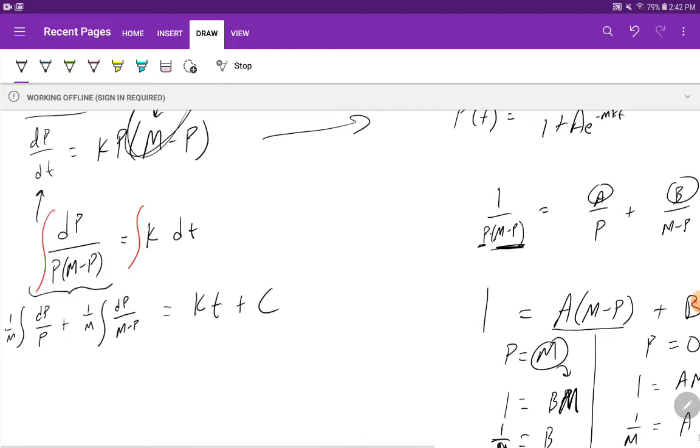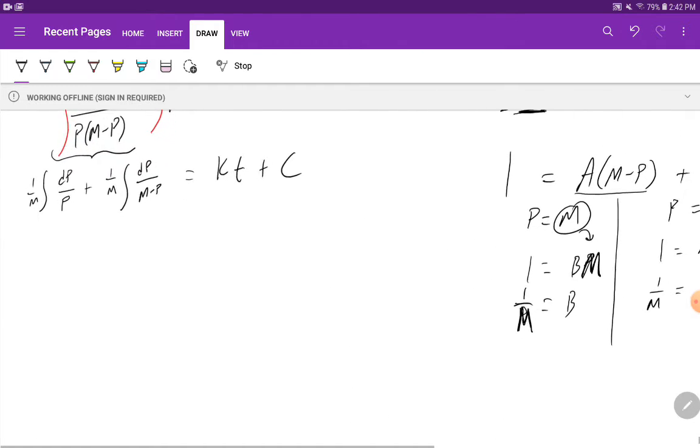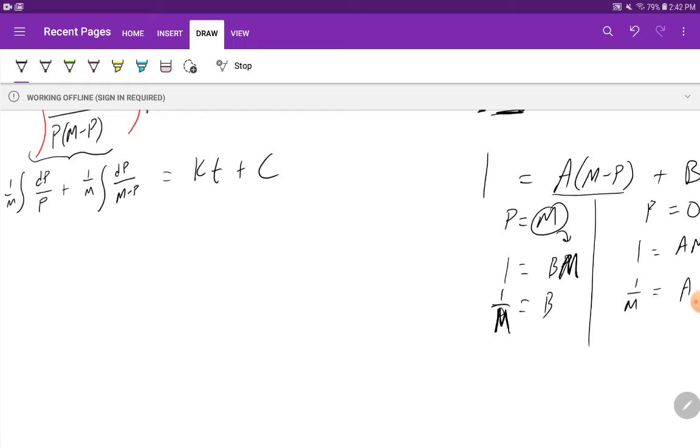I pulled the 1 over m's out of the integral, and now we have something we can integrate in terms of p. This first piece looks like 1 over m ln of the absolute value of p, plus the second piece becomes another 1 over m.